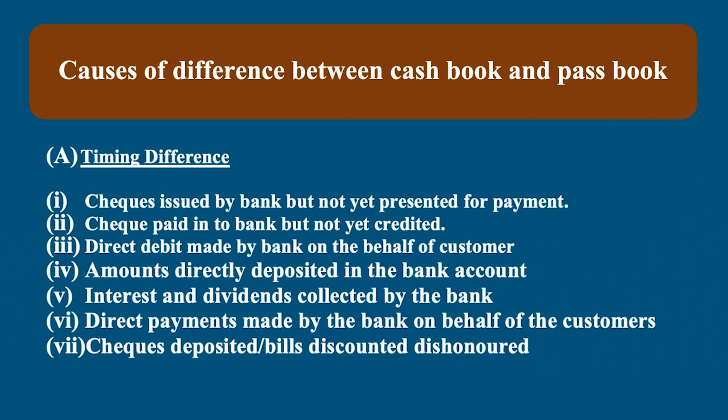Checks deposited or bills discounted dishonored. If a check deposited by the firm is dishonored, or a bill of exchange drawn by the business firm and discounted with the bank is dishonored on the date of maturity, the same is debited to the customer's account by the bank.